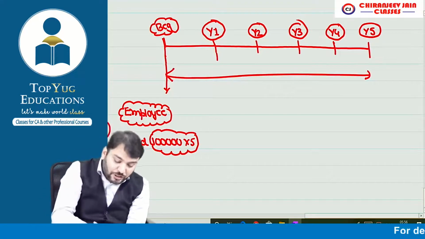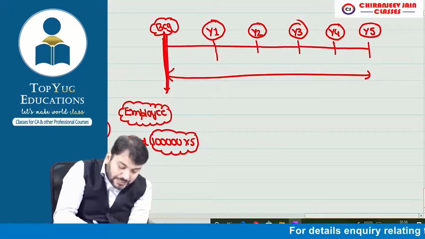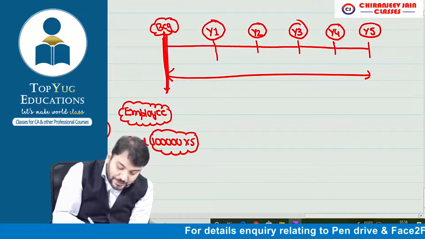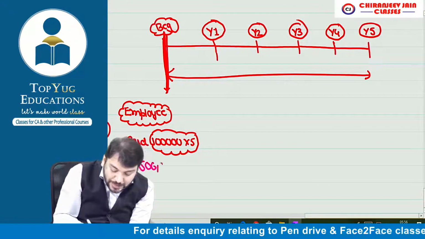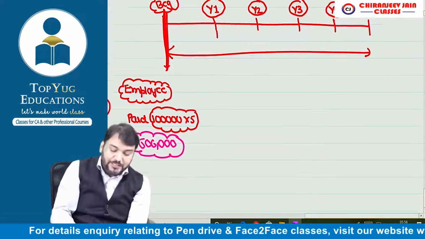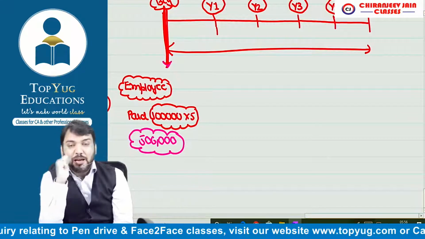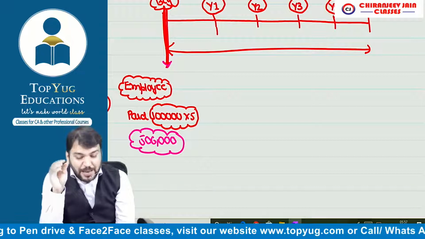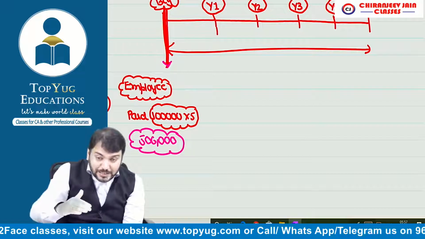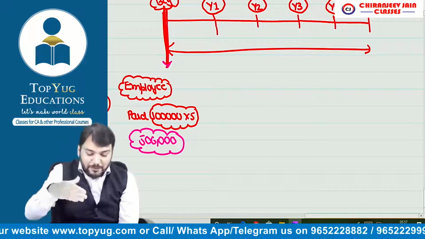My question to you all: at the beginning of this year, at this point of time, you paid, means how much expenditure was incurred? 5 lakh. So is this 5 lakh an asset or expense? If you can answer me right now, it means you understood. You paid 5 lakh to the employee, and the services from the employee will be received after payment, during the 5 years.